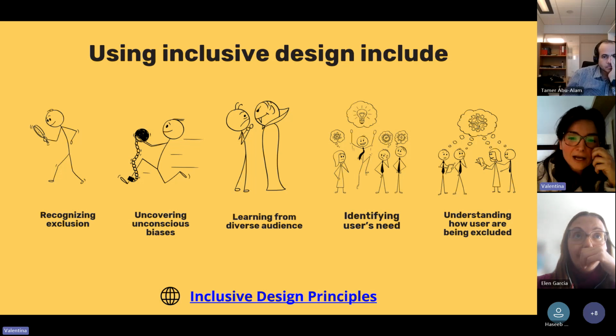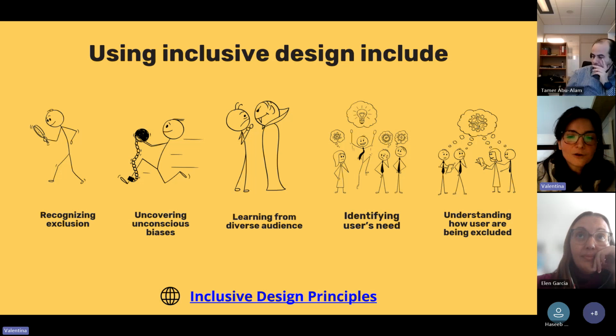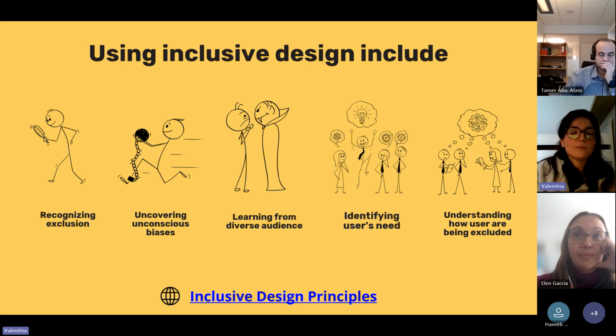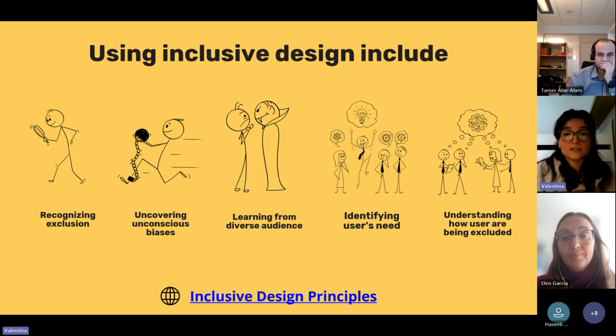And then it's learning from a diverse audience. So it's a multidimensional process. I mean, we should learn more about a concept before we start to tell about this concept or this story.